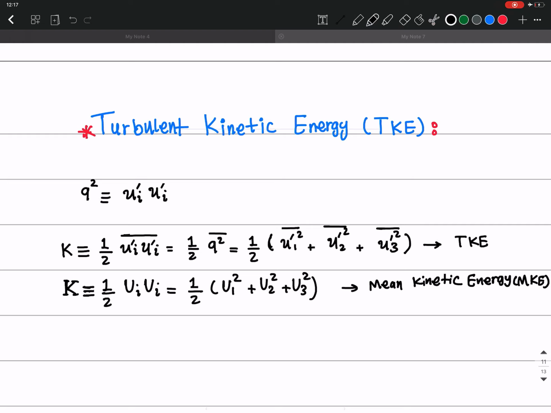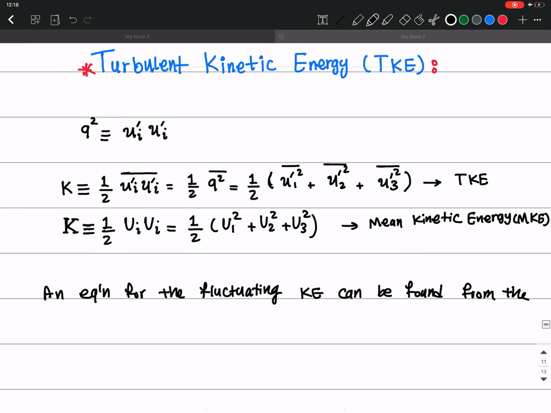An equation for the fluctuating kinetic energy can be found from the Reynolds stress equation by contracting the free indices.